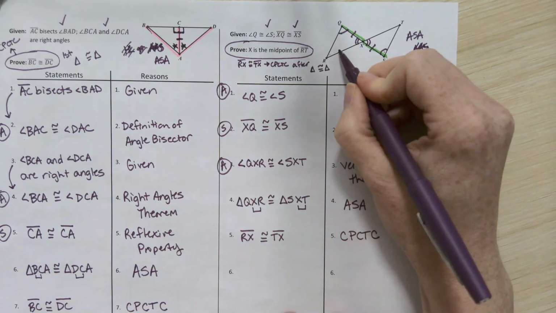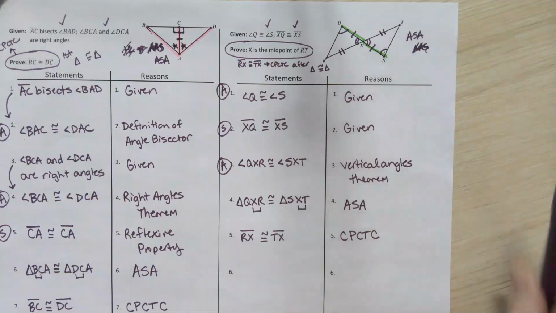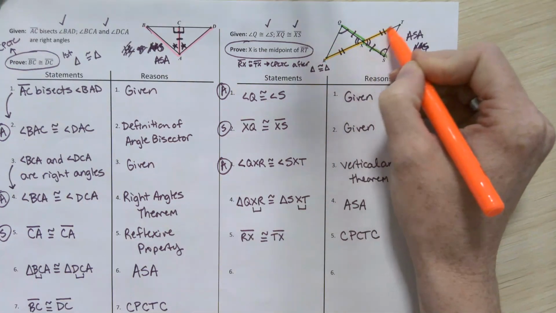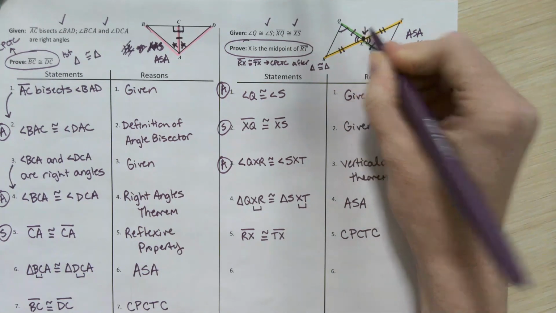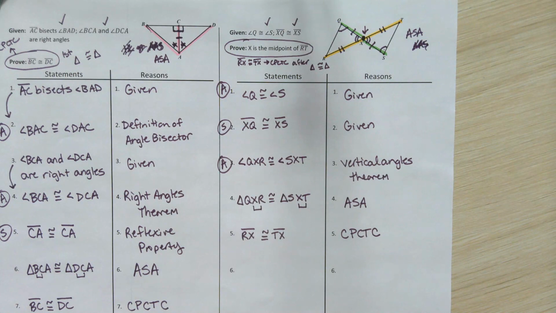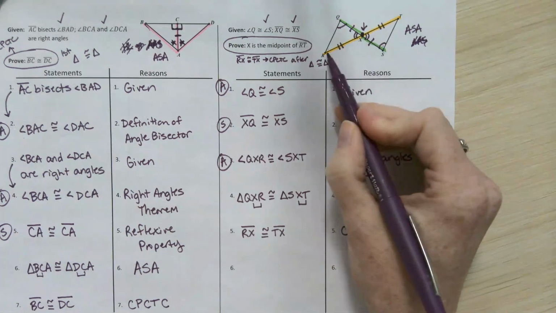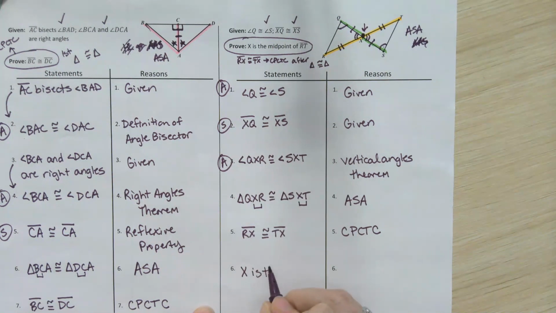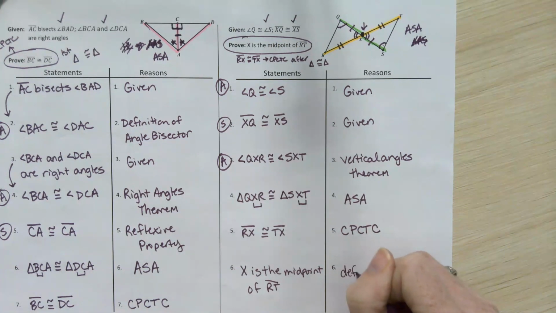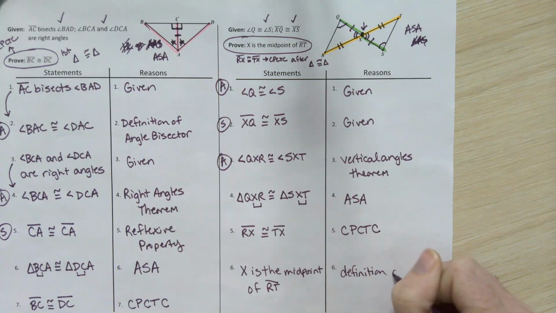And then if we were able to mark that, does it make sense now that we would be able to label this point, X, in the middle as the midpoint? If this side matches this side, then that's exactly what X is. So X is the midpoint of segment RT.